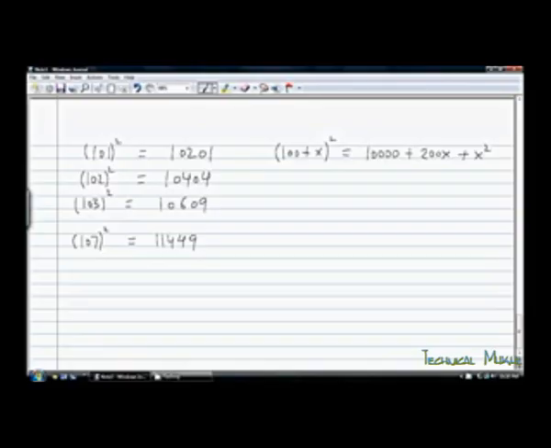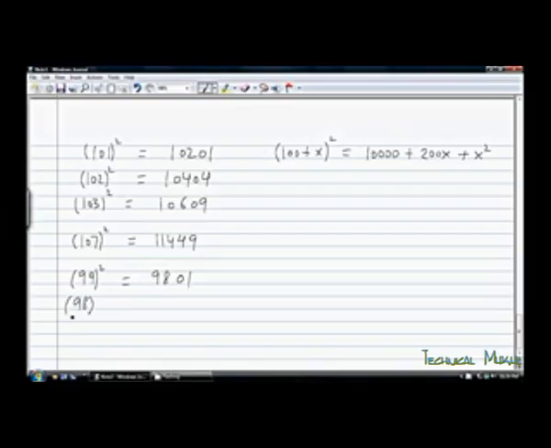So if I use the same formula to square the numbers which are below 100, instead of writing x I have to use minus x. So suppose I am squaring 99, then 1 times 2 is 2, so I will subtract 2 from 100, that will be 98, and then take the square of 1, that is 9801.